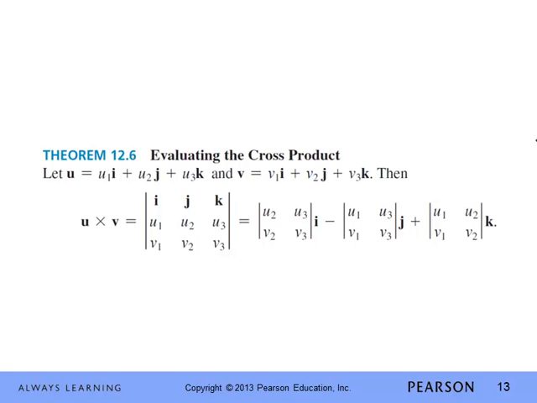And its minor is, well, block out the row and the column that includes the j. So blank out the top row and the middle column, leaving you with the U1, V1, U3, V3.